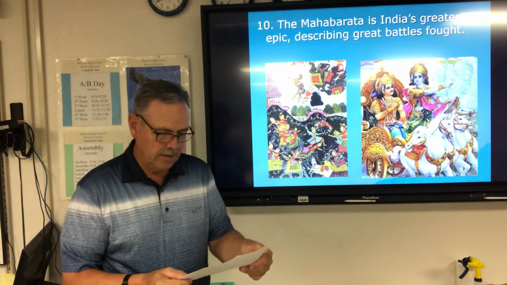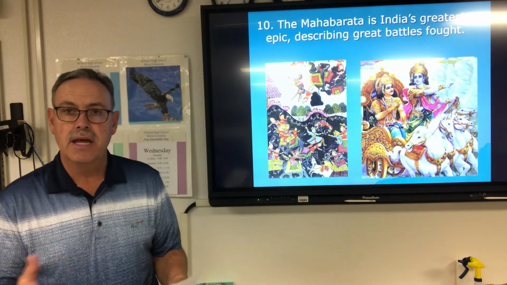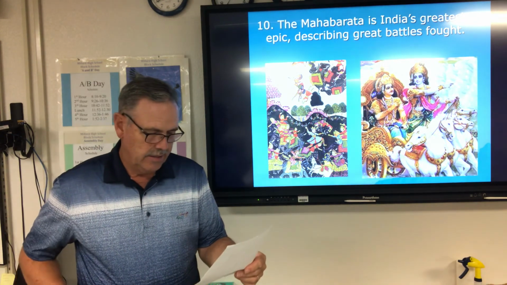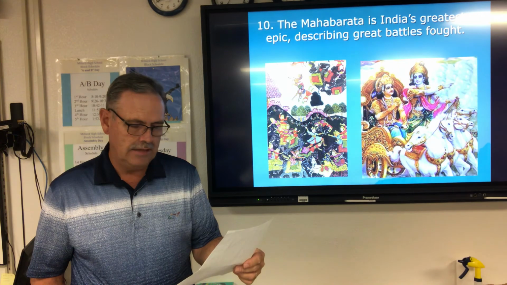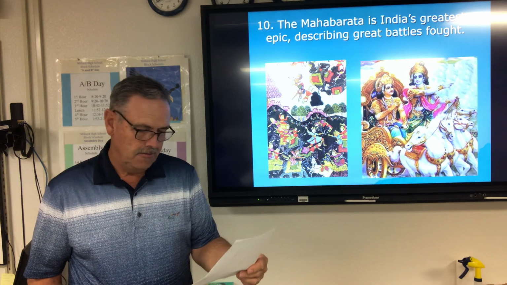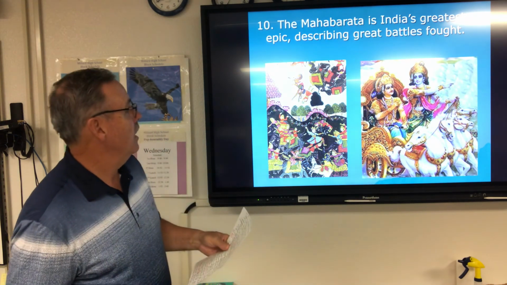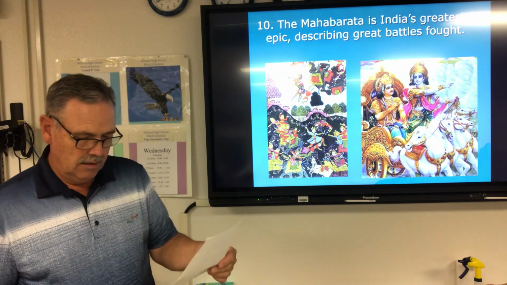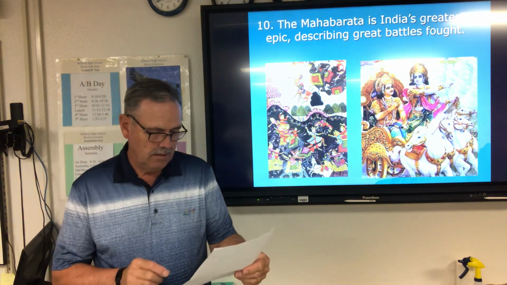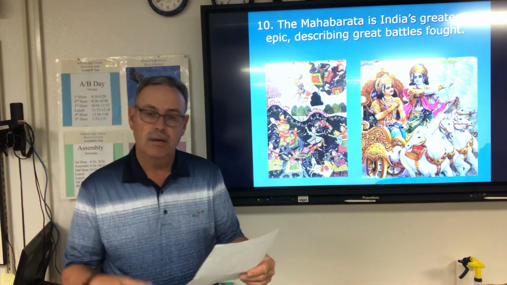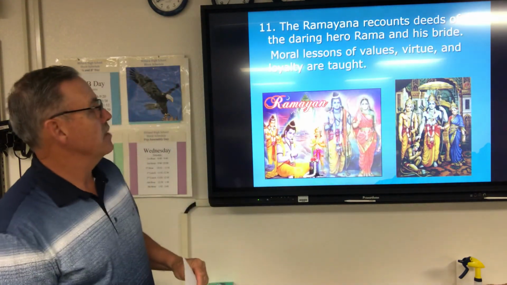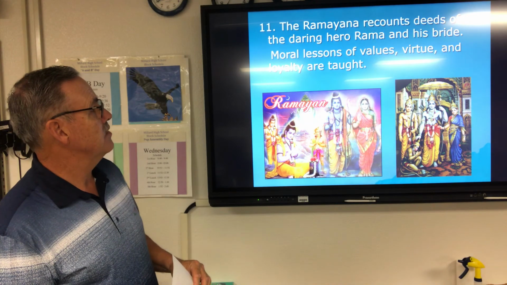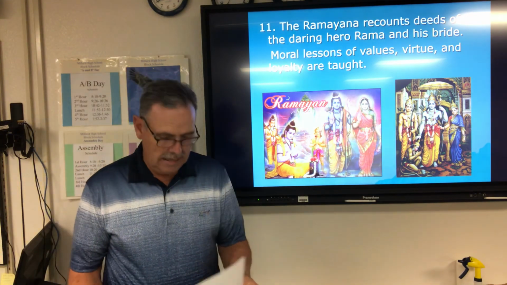The Mahabharata is India's greatest epic. It's an epic poem that contained 90,000 lines of poetry, and those lines are called stanzas. It describes some great battles that were fought. On our next one, we'll talk about a couple of the characters that are part of that story. Okay, the Ramayana recounts deeds of the daring hero Rama and his bride.